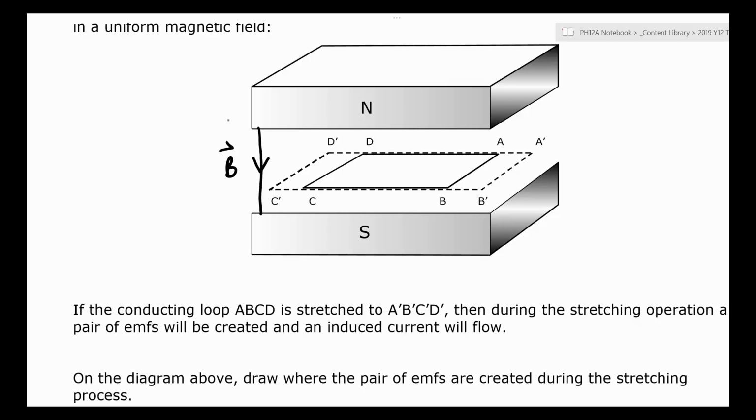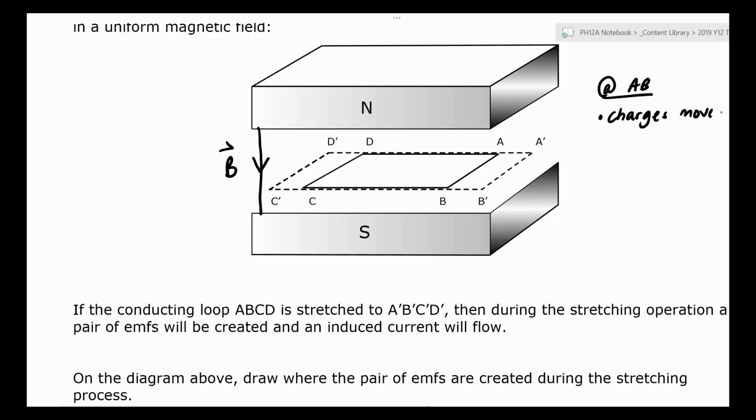Now that I've got my magnetic field line, the next thing I need to consider is what's happening to each side. I'm going to consider side AB first. So at the side AB, if the wire is stretched to A dash B dash, then that means that the charges have moved to the right.